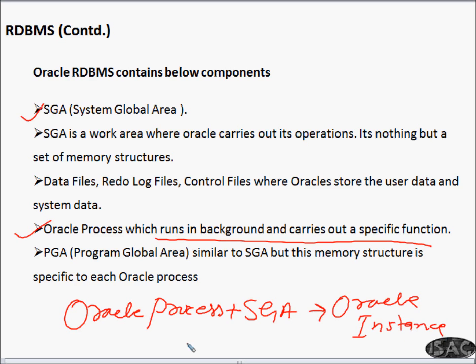Now every Oracle process also has a separate memory, and that is called PGA, the Program Global Area. Say we have 10 Oracle processes. All these processes have their own PGA, which is somehow similar to SGA, but this memory structure is specific to each Oracle process.